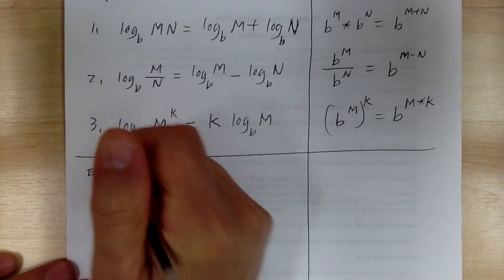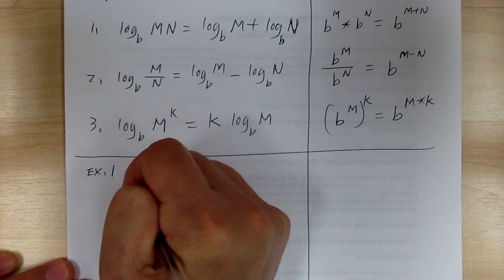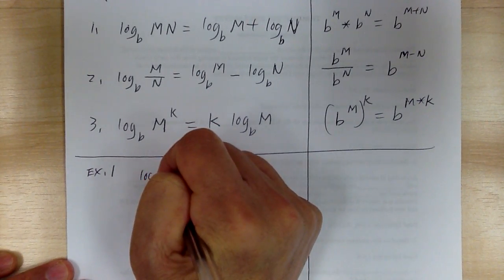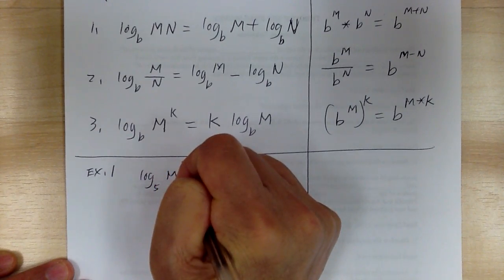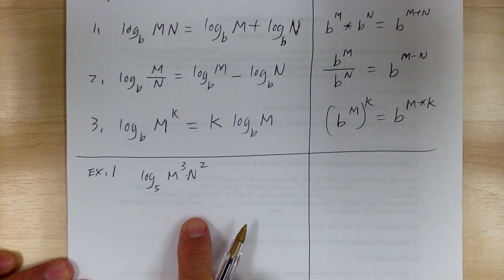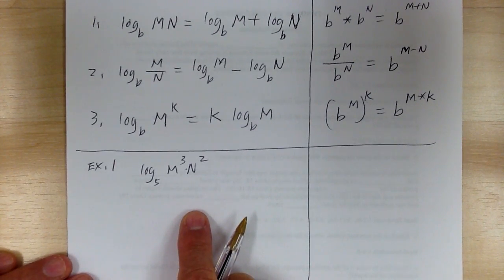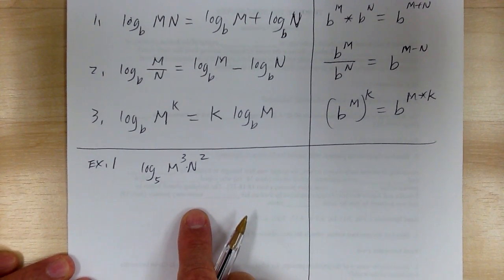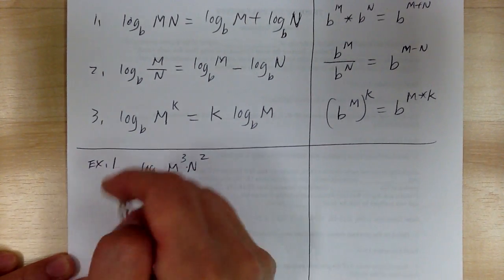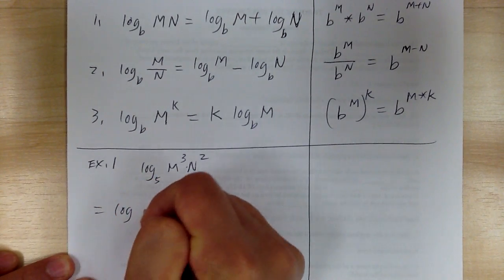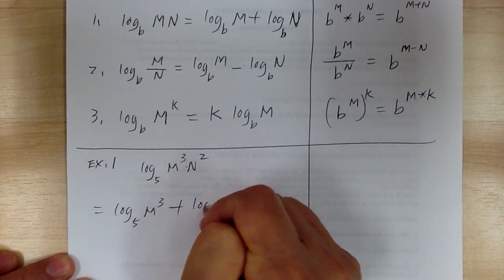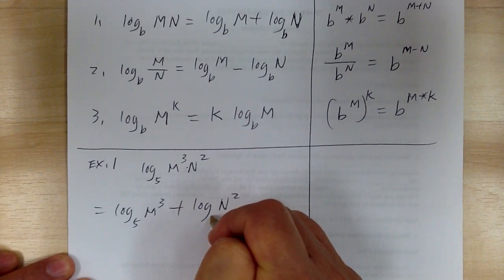So example 1: you have log base 5 of m to the 3 n squared, and you want to break this down into log m and log n. So first, what you do is separate the two. This will equal log m to the 3 plus log n to the 2 base 5, right?